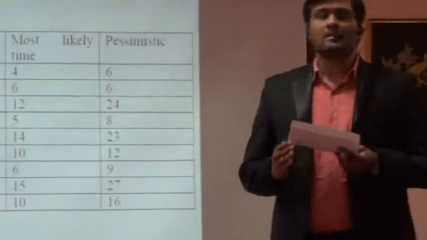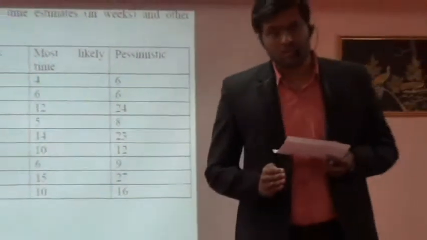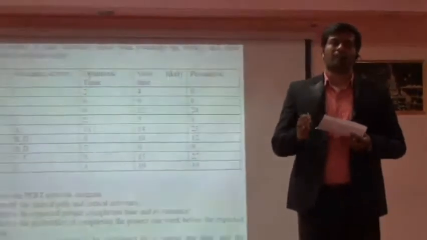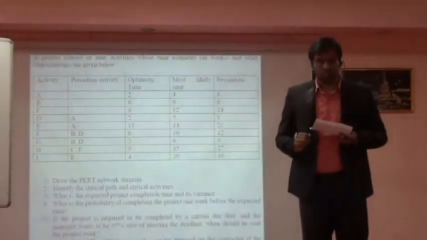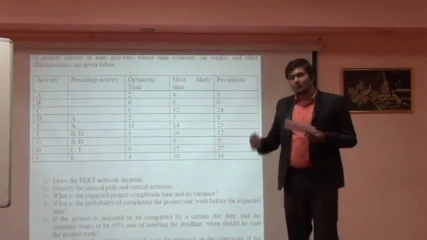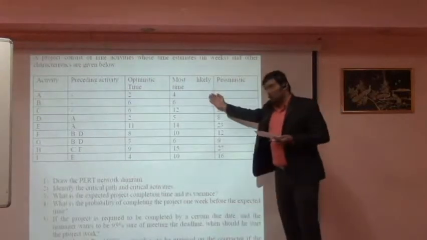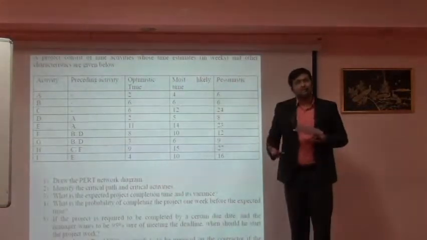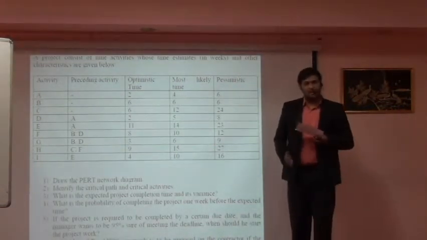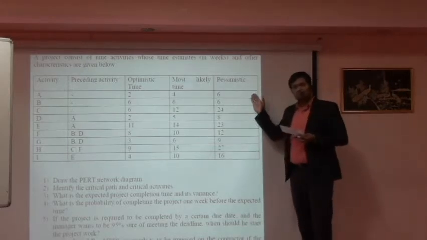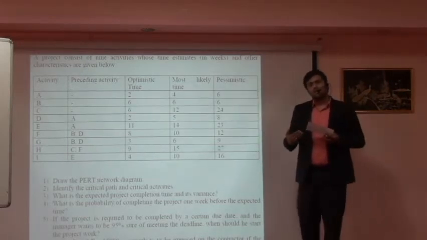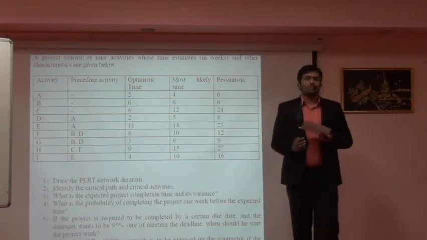Optimistic time is the minimum time duration that you require to complete the task given to you. Most likely time is the time duration that you require most of the time while performing the same task. And lastly, the pessimistic one is the most time taken by you for the same job.